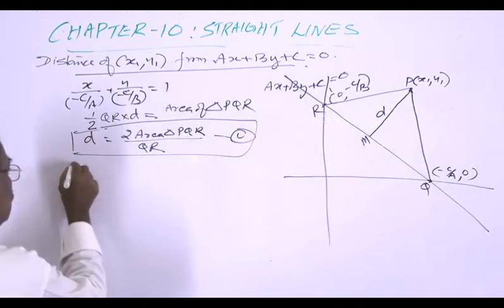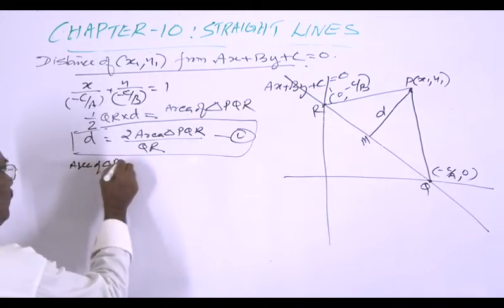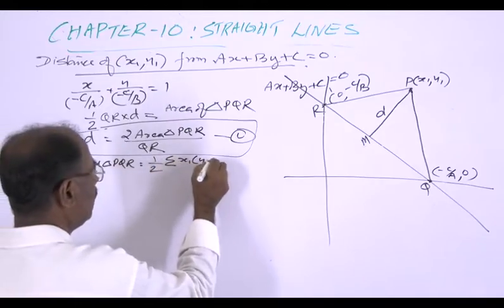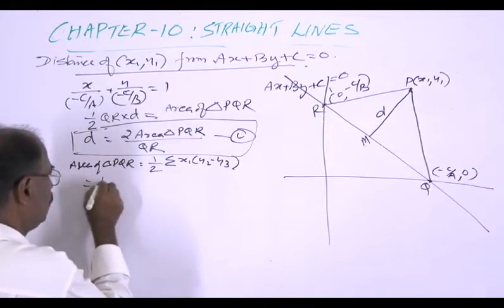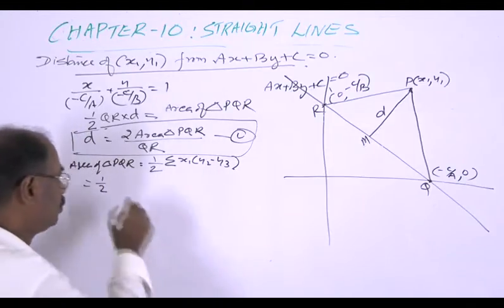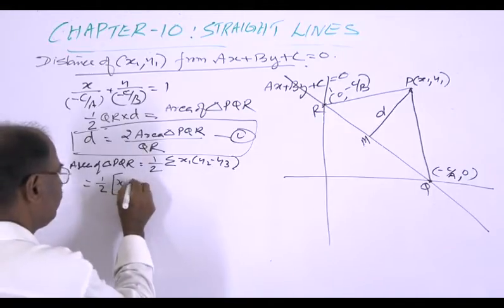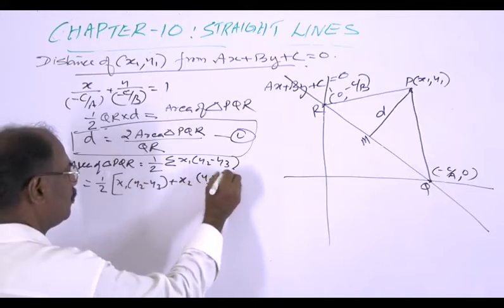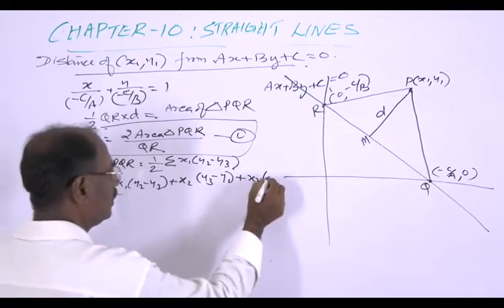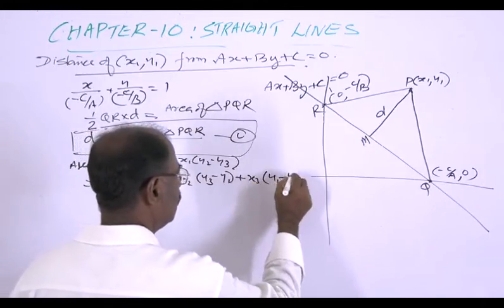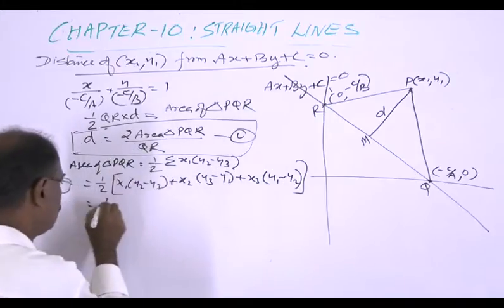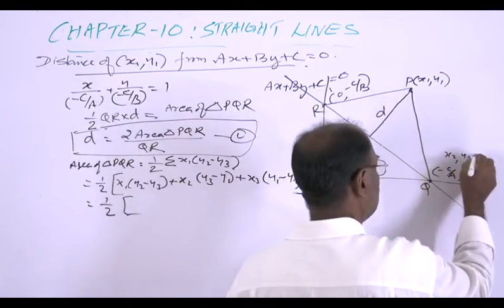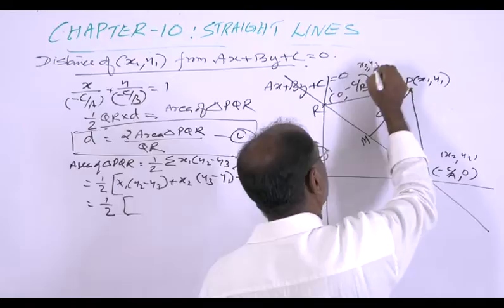So the area of triangle PQR is equal to 1 by 2 sigma x1 into y2 minus y3, which is equal to 1 by 2 into x1 into y2 minus y3 plus x2 into y3 minus y1 plus x3 into y1 minus y2. Here this is x1, y1, this is x2, y2 and this is x3, y3.